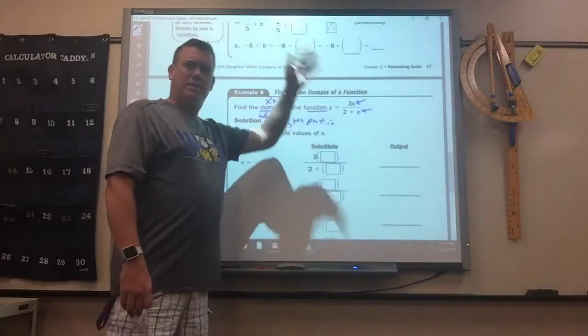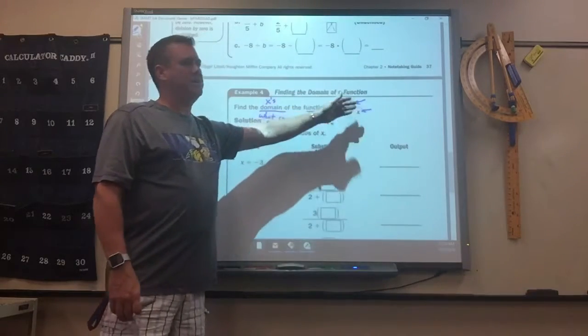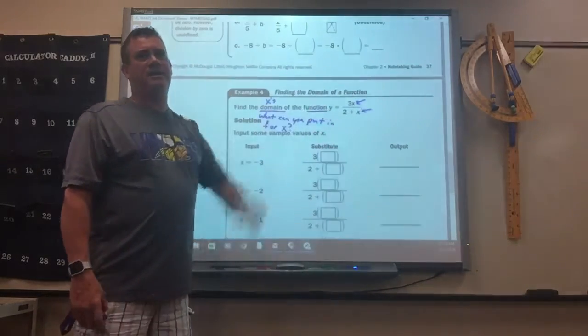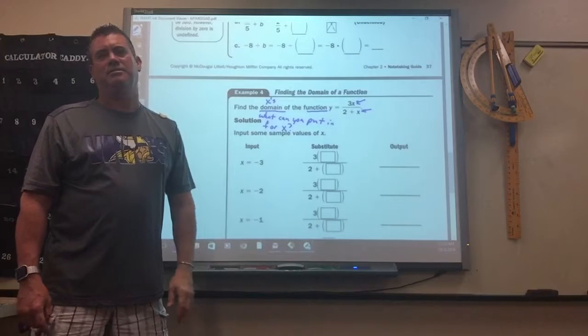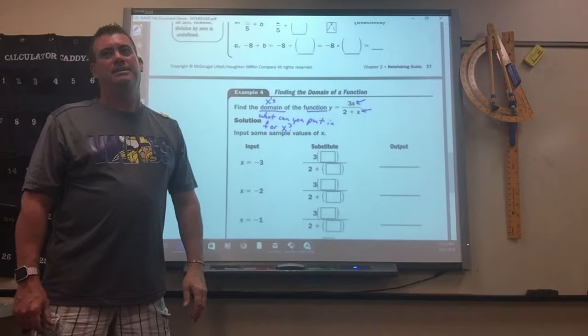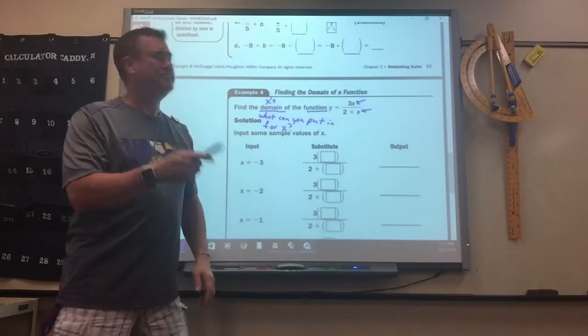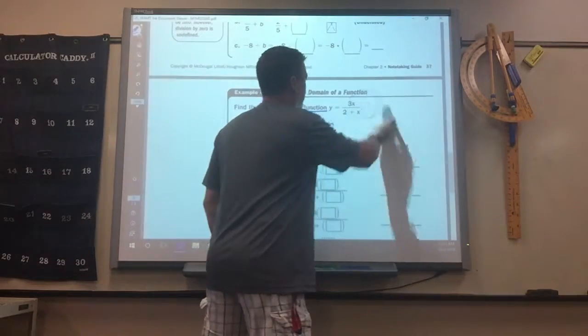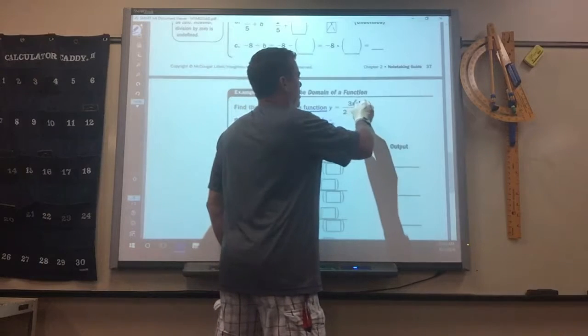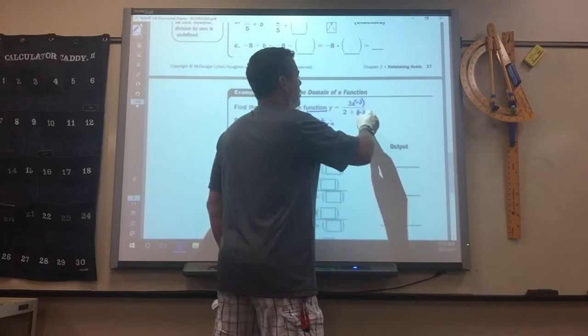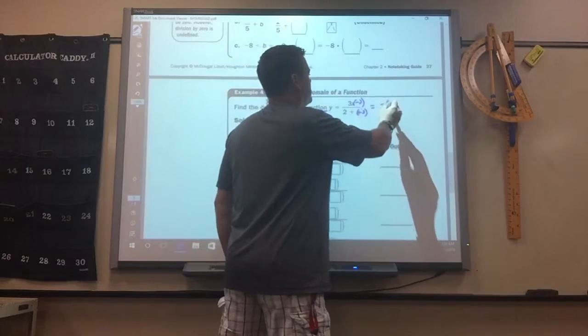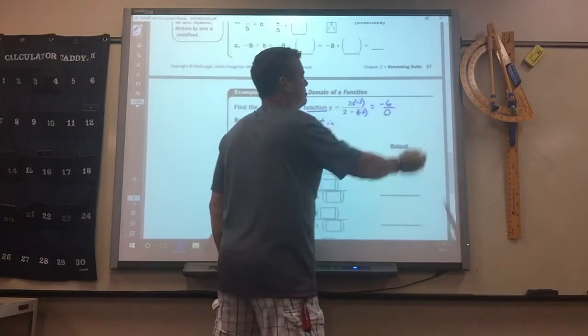So, is there anything I could put in for these x's where you would get an error on your calculator or undefined? Negative 2? Yeah. If I put negative 2 in here, 3 times negative 2 is negative 6. 2 plus negative 2 is 0.